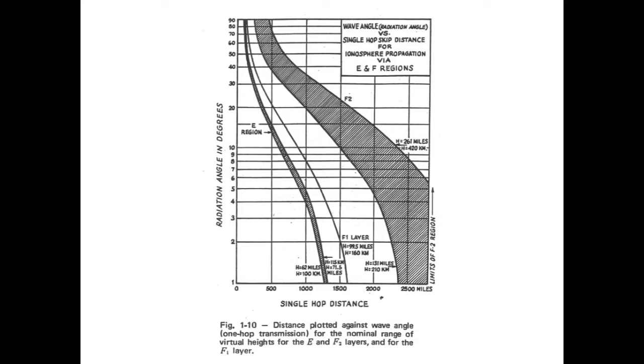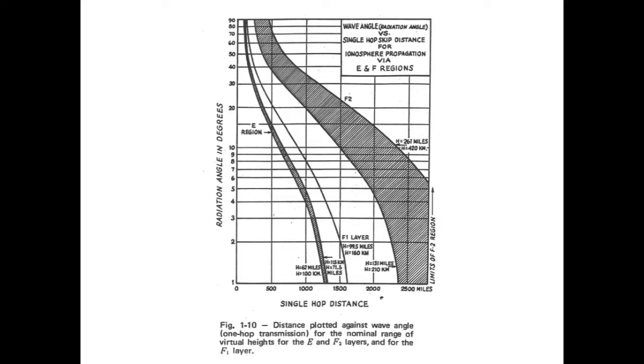If you're going to use the F layer, your angles are going to be 40 degrees, 50 degrees, 60 degrees. It's quite a variation here. Now, what we see is a lot of this depends on which layer of the ionosphere that you're using.